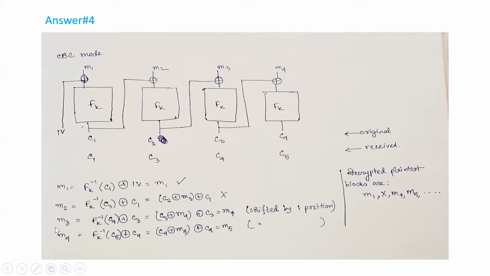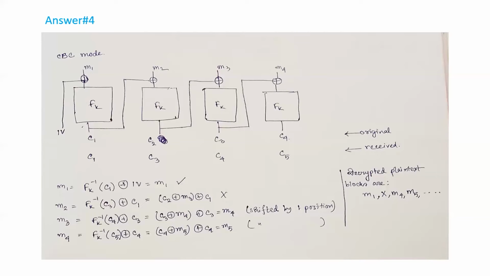And if you consider the scenario further on, you will see that you get Mi plus 1 as your ith plain text block. So one block is dropped completely. You cannot get back the actual block M2 here, or we can say that if the ciphertext block Ci is dropped, then you cannot get back the plain text block Mi. Also, plain text block Mi plus 1 will be erroneous.